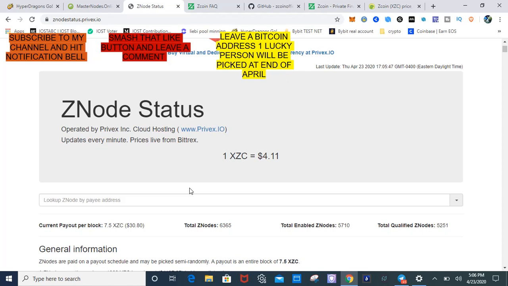Is there anything else that I haven't? So to summarize what I've talked about, Zcoin is a hybrid mining and staking coin. It offers privacy features, so you are allowed to exchange value privately while earning passive income through staking and mining.